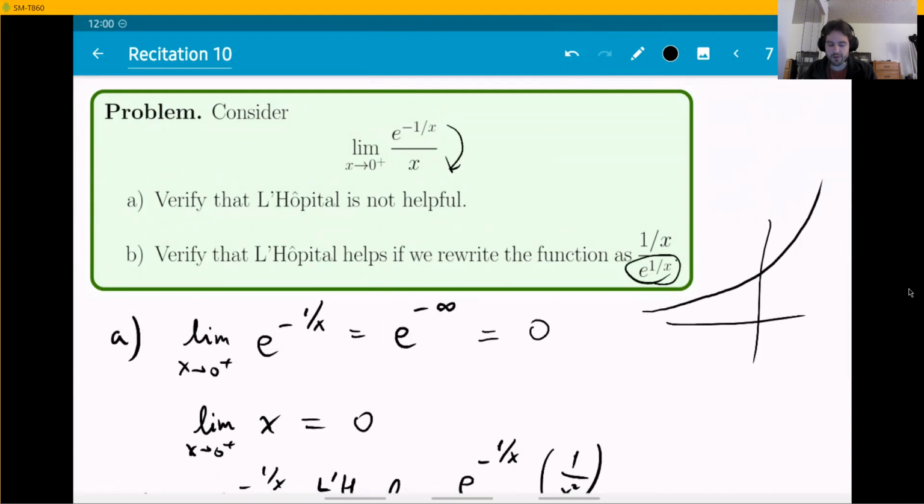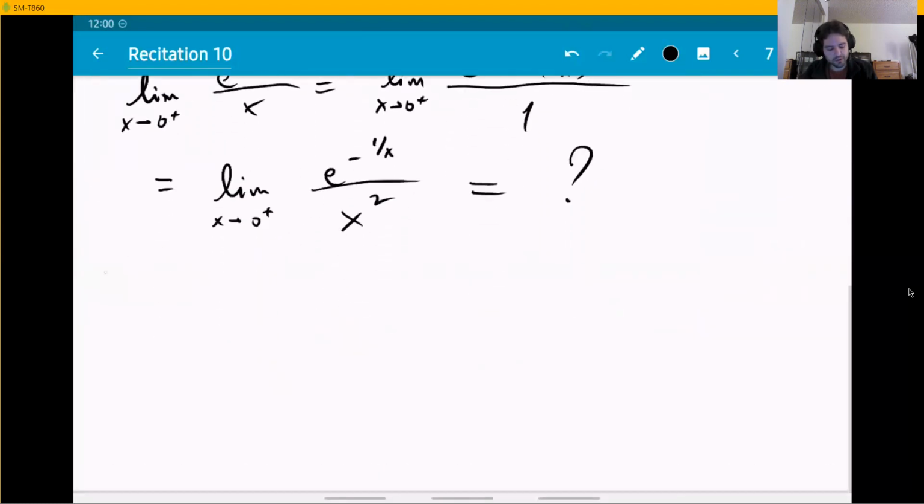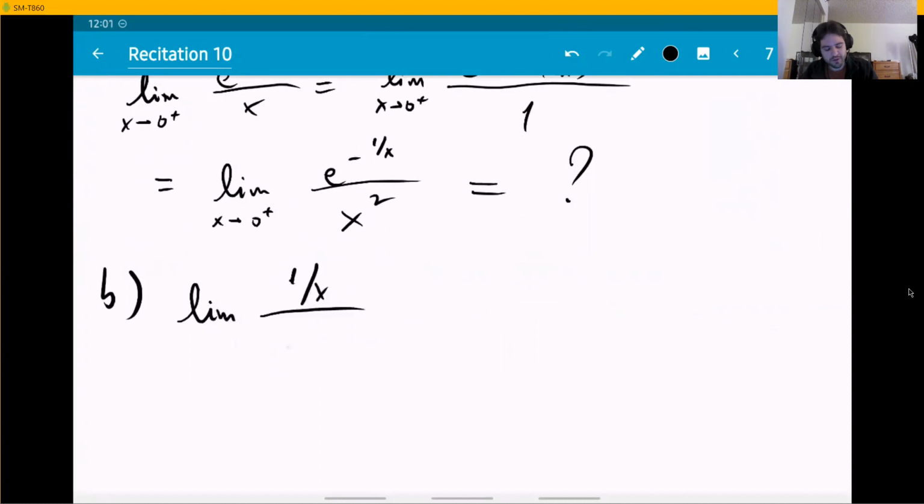That's going to be the same thing. And then similarly with the x. Instead of having x in the denominator, we have 1 over x in the numerator. Also the reciprocal of that. So the function in this form is the same function, 1 over x divided by e to the 1 over x. This is the limit that we are now trying to find.